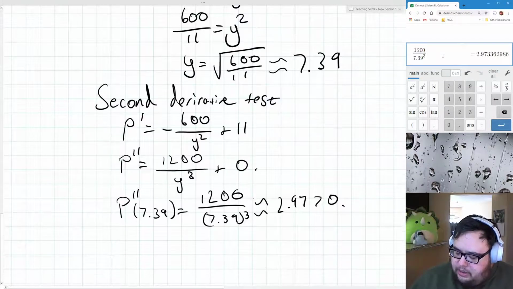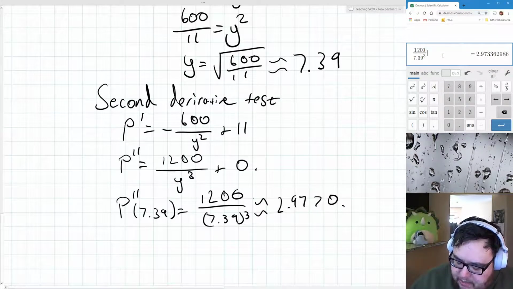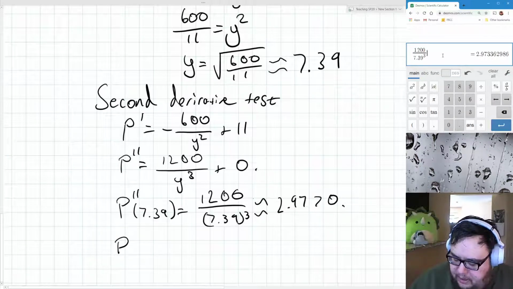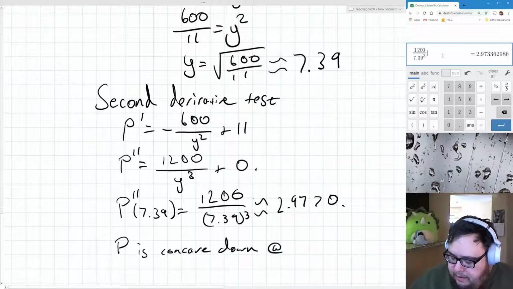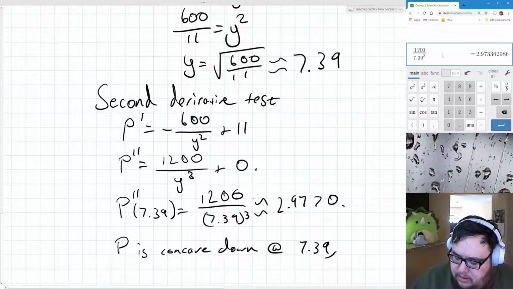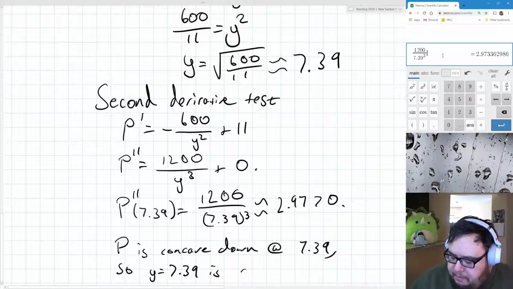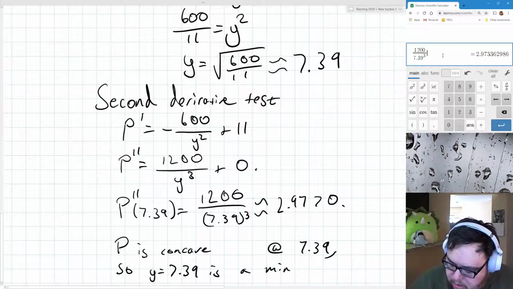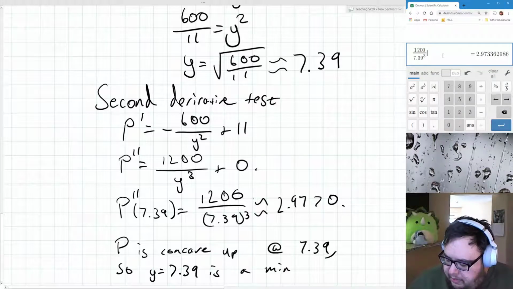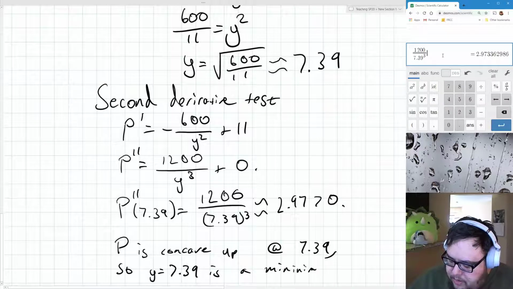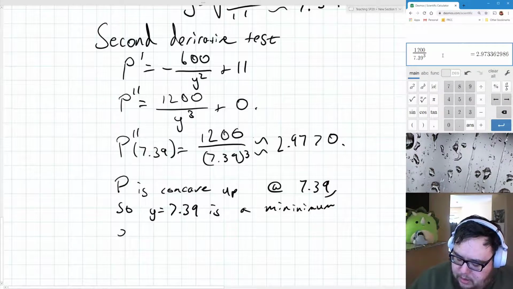And so that means that P is concave down at 7.39. So y equals 7.39 is a minimum. Sorry, concave up at 7.39. So y equals 7.39 is a minimum of P.